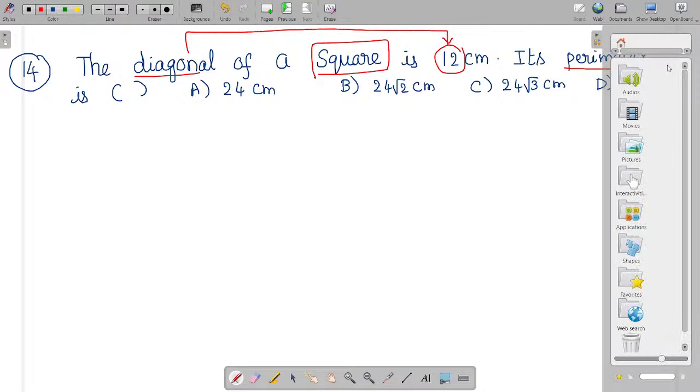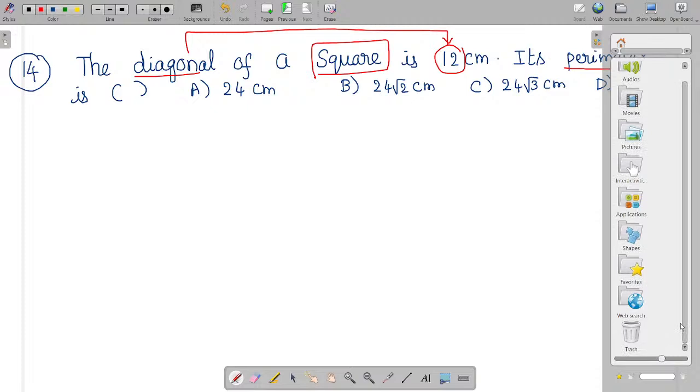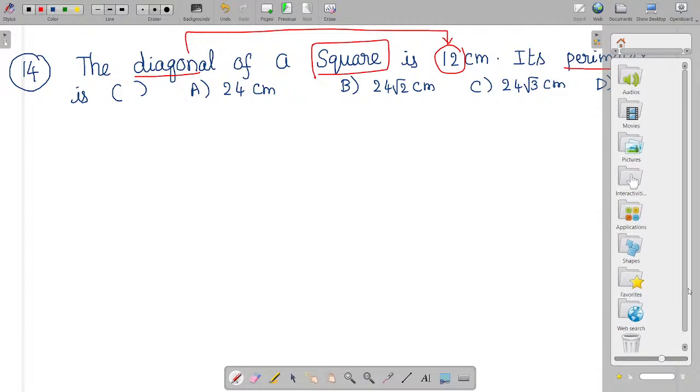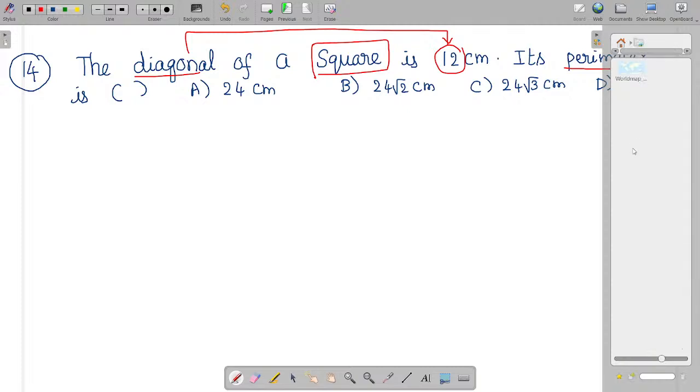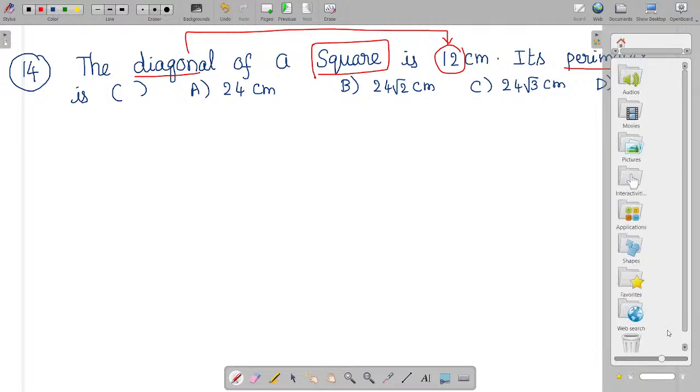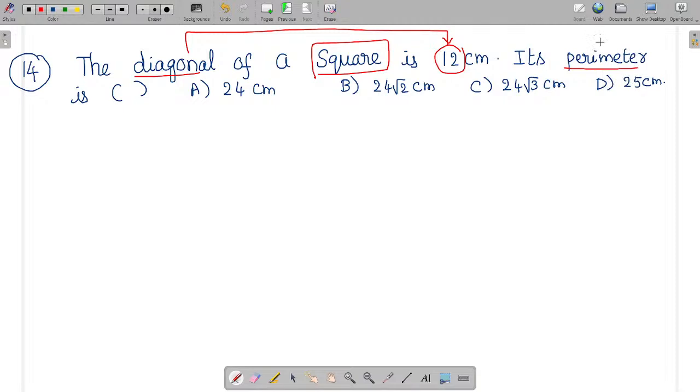So now let us draw the figure. Let us draw the square now.